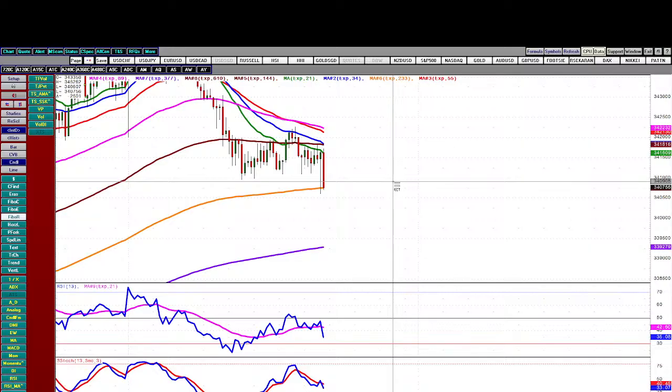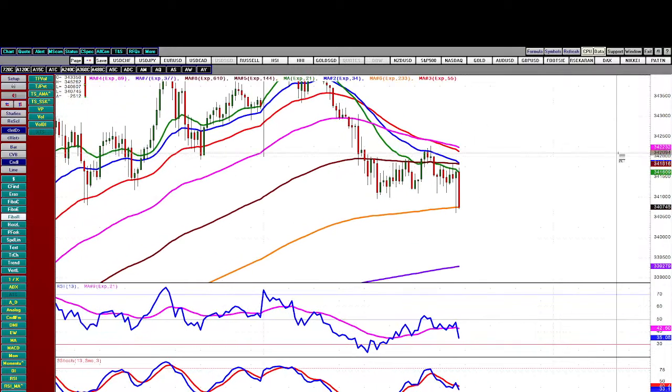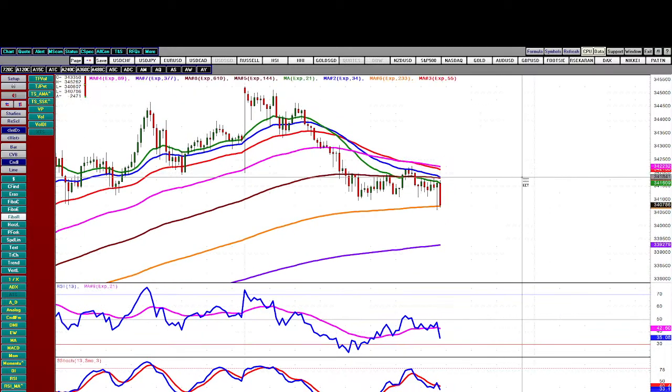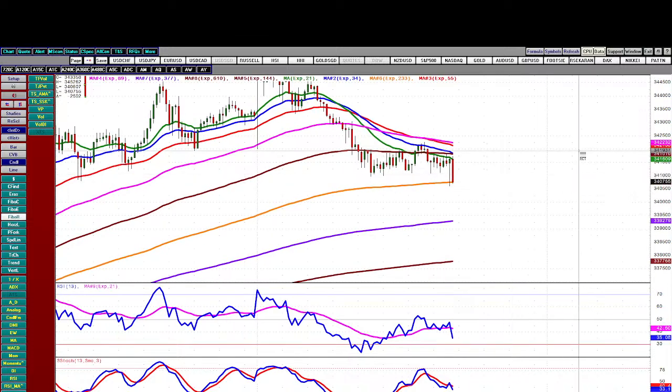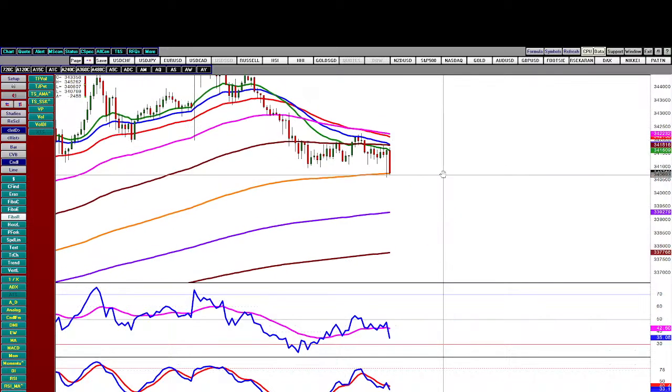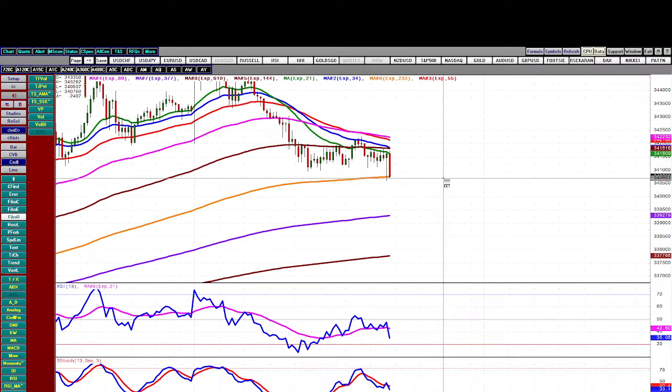If there is no new news that is triggering the so-called safe haven trade, then the price is expected to go down. Today we are seeing the low to be at least 3400. That's our first call.